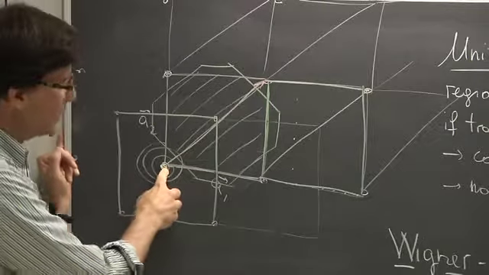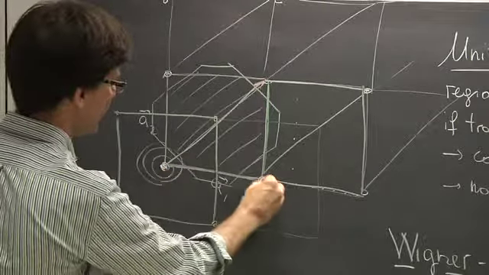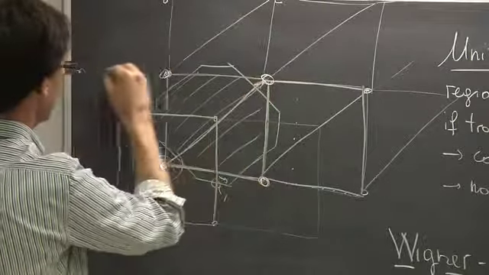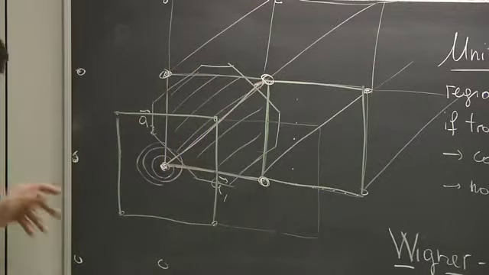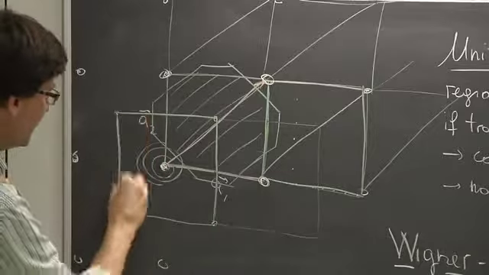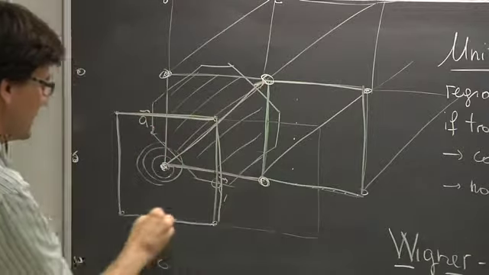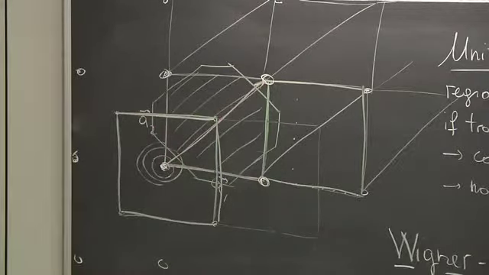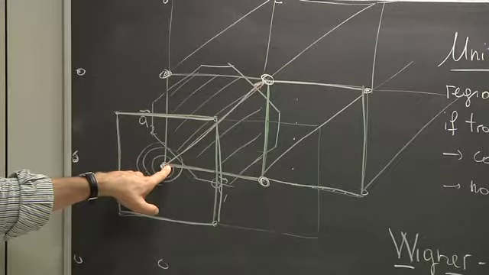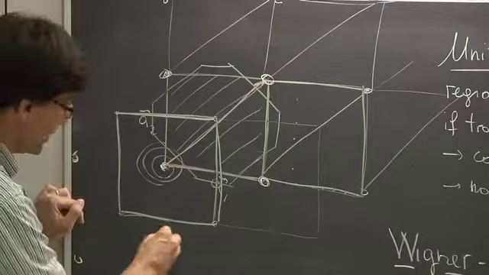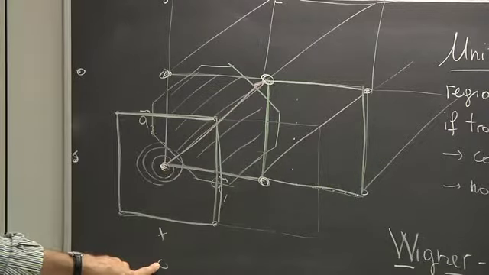But what are the other ones? I have points here, here, here, here. So clearly, this square here is the set of points for which the origin is the closest Bravais lattice point.